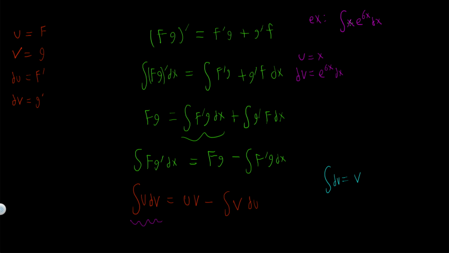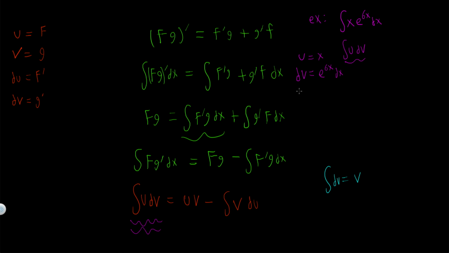So we can rewrite this now as u dv, correct? Because we made those substitutions. We said that u is equal to x and dv is equal to e to the 6x dx. And we're able to do that. This is completely mathematically correct. Now we have this expression that looks exactly like this. So let's try to use our formula on the right to evaluate that integral.